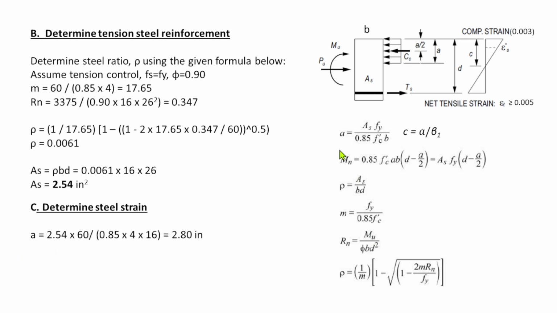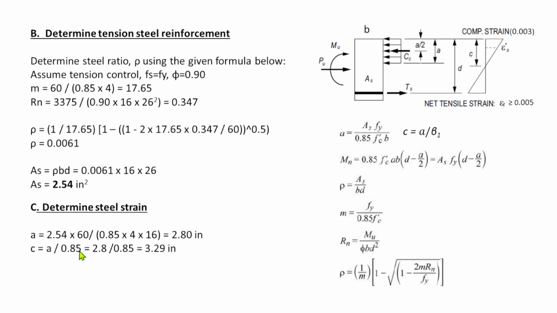So the value of a is 2.54, which is this one, times 60, divided by 0.85 times 4, the strength of concrete, times the width b, which is 16. So we got 2.8 inches.